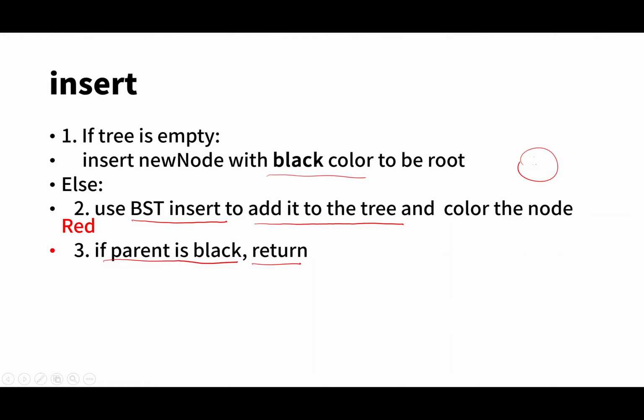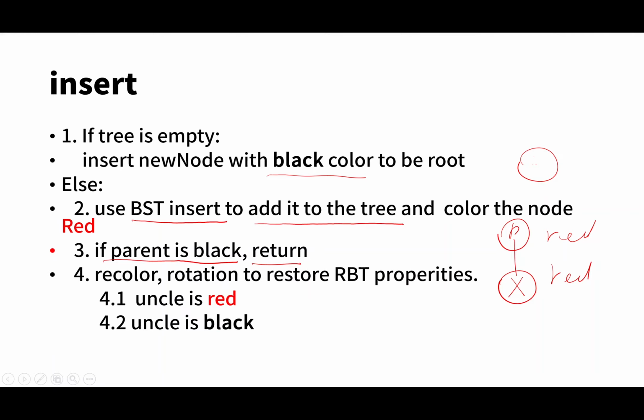If the parent is red, then when this is inserted and the parent is red, we will destroy the property. So we must do some adjustment. For the adjustment, we use two operations.